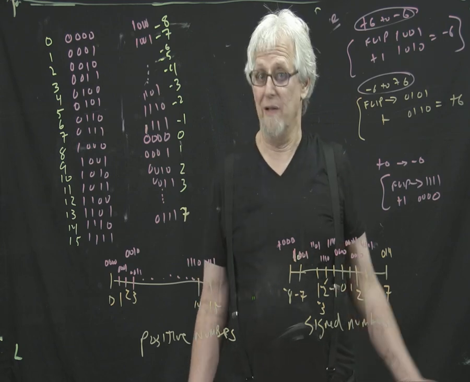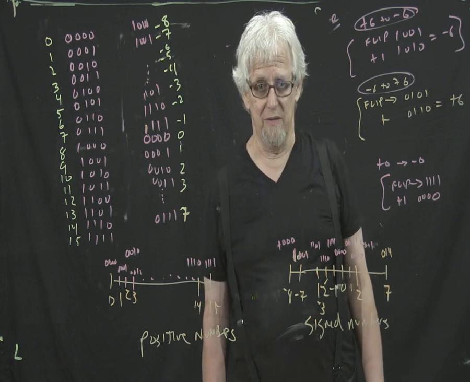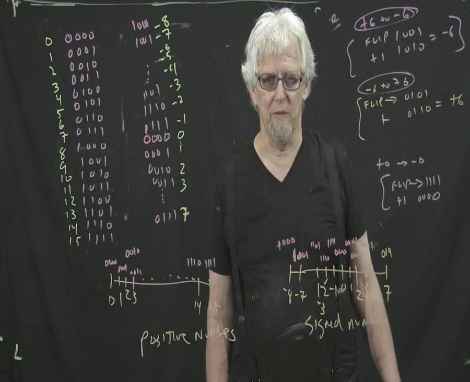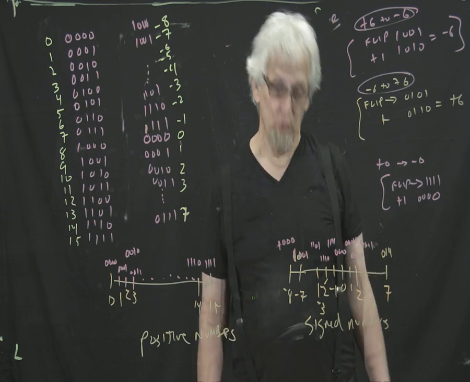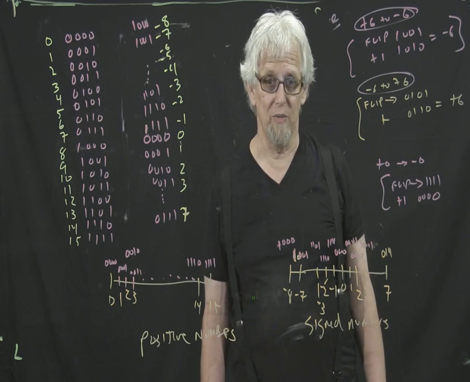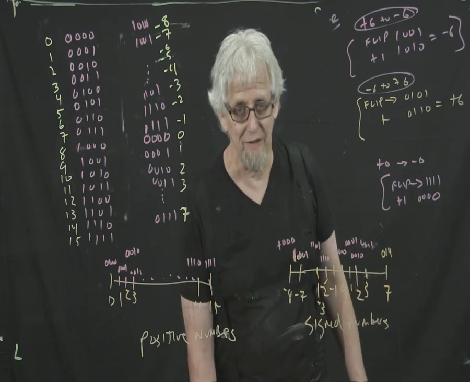It doesn't matter. The data is not inherently one thing or another. That one bit pattern could be one thing or another, depending upon how we compute with it. So that's the bit of philosophy that's in this.